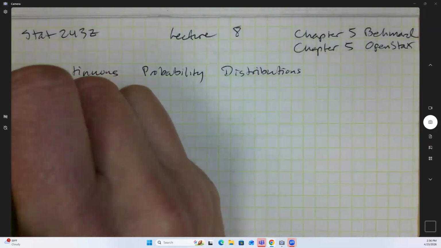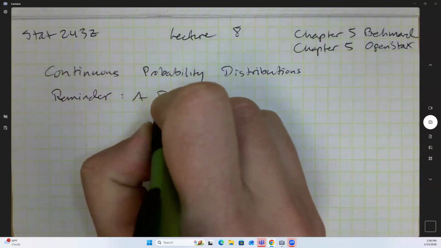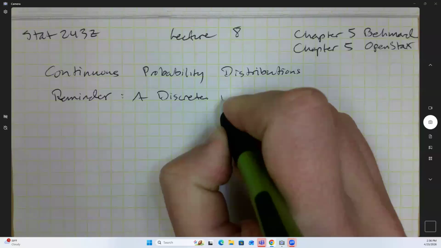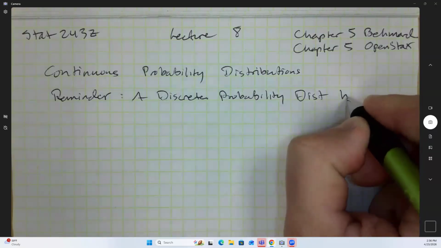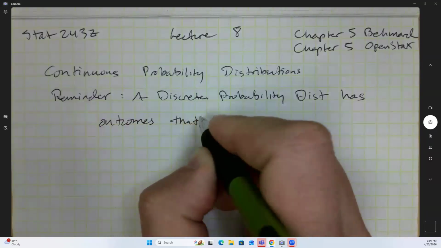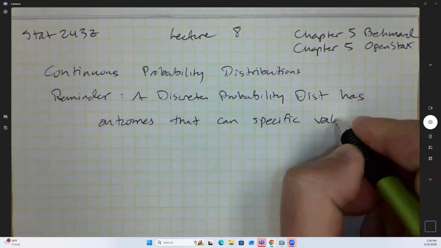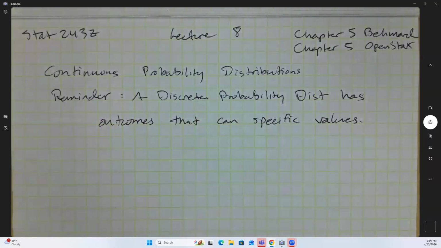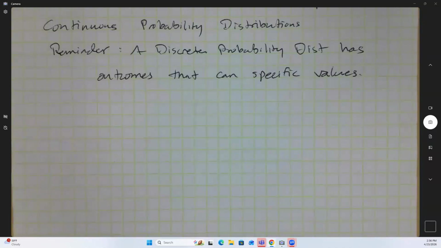So we've talked about discrete probability distributions. A discrete probability distribution has outcomes that can take specific values. What's my recommendation for the best way of looking at a discrete probability distribution?